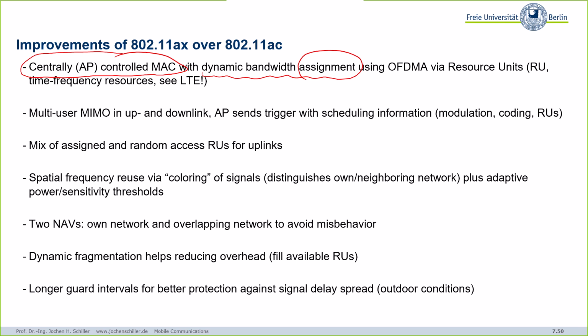But if you read this first item, you see this is not the classical wireless LAN anymore. Because now you have an access point that's more or less a kind of base station like you have in LTE. It's not exactly the same, but it's still wireless LAN, using a bit different schemes. But we also use OFDMA now, exactly the same as LTE. But this is not this distributed system anymore.